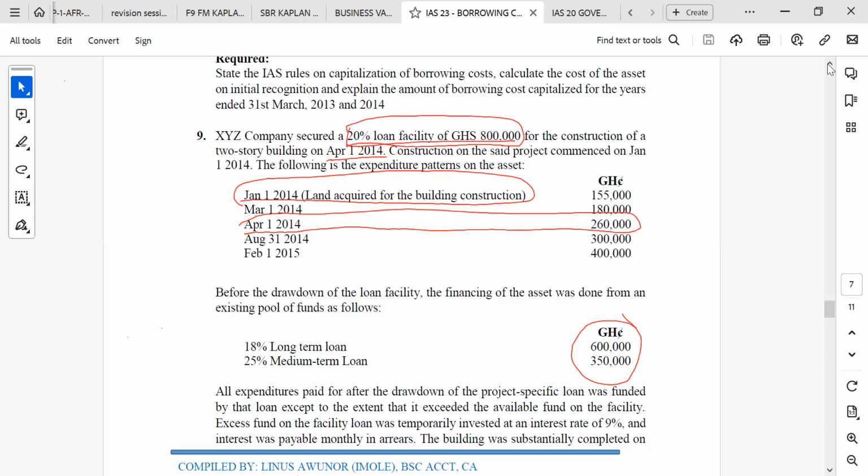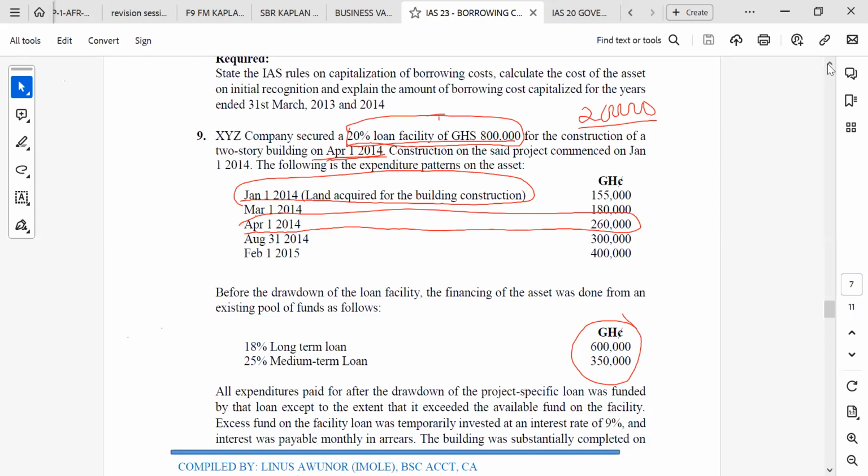Let me say this. You can take a loan to construct the asset, but if you are not going to make any transfer from the loan to the asset, you can't capitalize. So although this amount was taken on 1st April, the company could still take this amount on January 1.